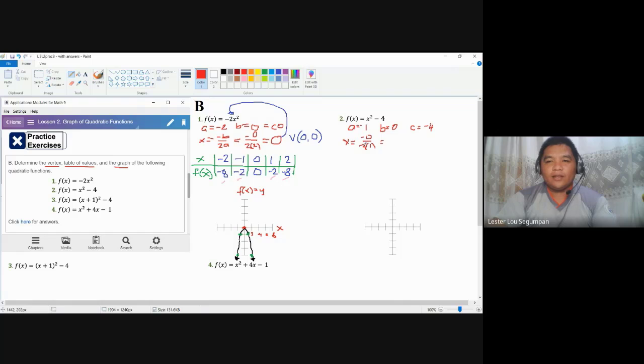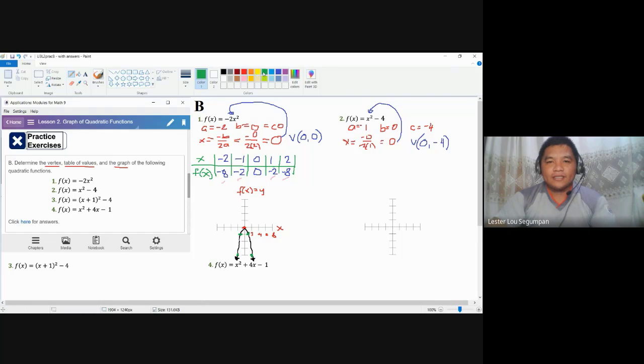However, regardless of the value of 2a, it will still be equal to 0. So our vertex is at 0, and then we substitute the solved value for x into the given equation to determine the y coordinate, or the value for f of x. If x here is 0, 0 squared is 0 minus 4. So we have negative 4.